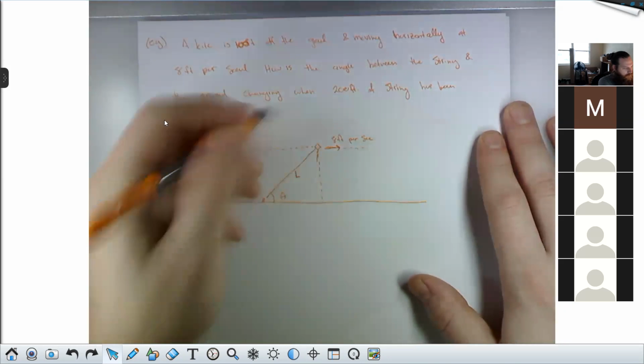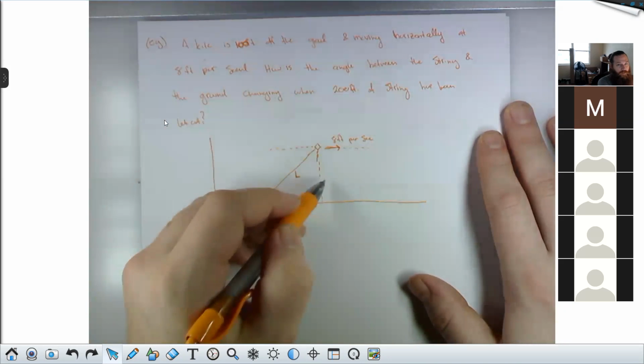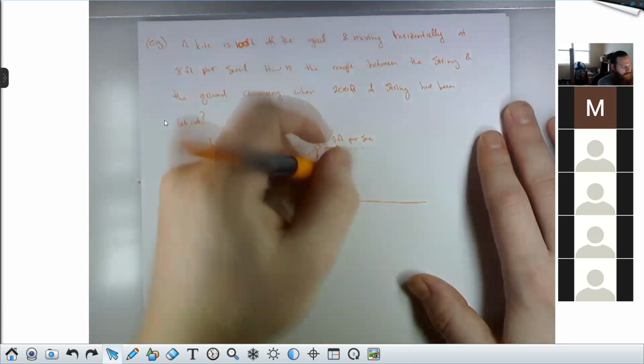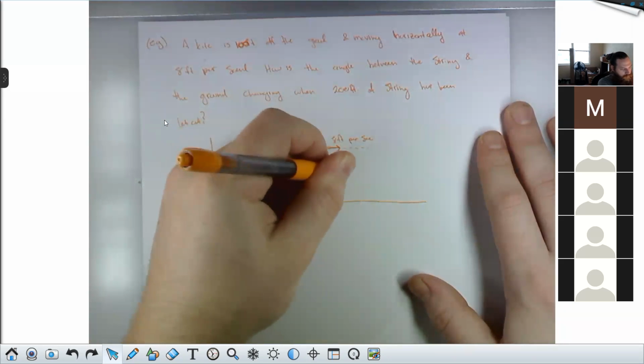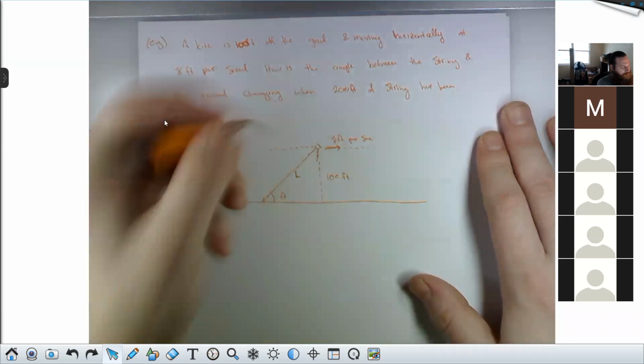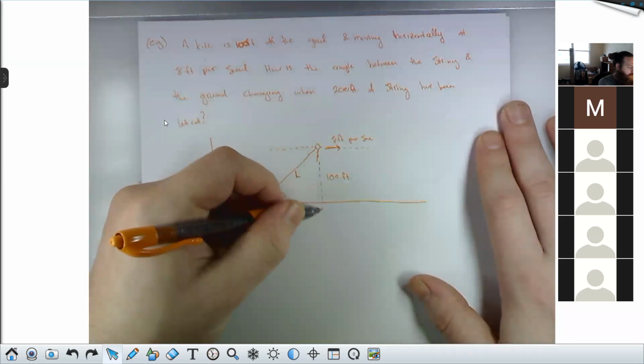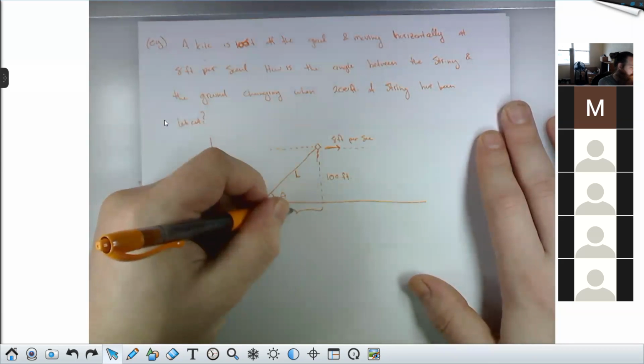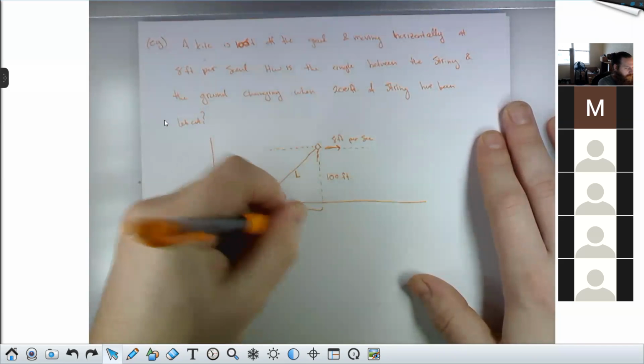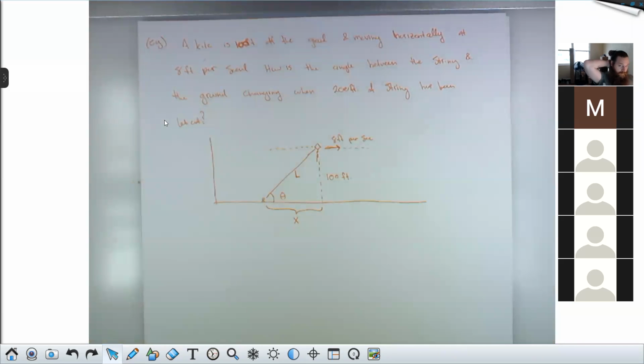Here's the height the kite is at, and we know that the kite is staying at 100 feet. So since the kite is moving horizontally, this is changing. So I'll call this X.